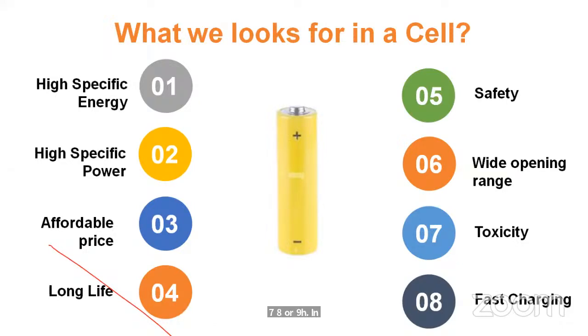I am talking about electric cars, they take about 7 to 10 hours to charge themselves, right? So now we are talking about fast charging, so it should charge fast, it should not take that much time, right? Not every lithium ion cell is made for fast charging. So if you are planning to fast charge your vehicle, then you have to choose a cell which is made for fast charging. Each and every chemistry of the cell is not made for fast charge.